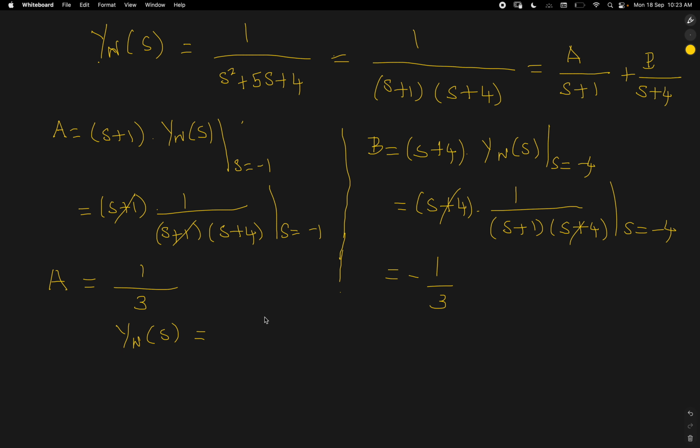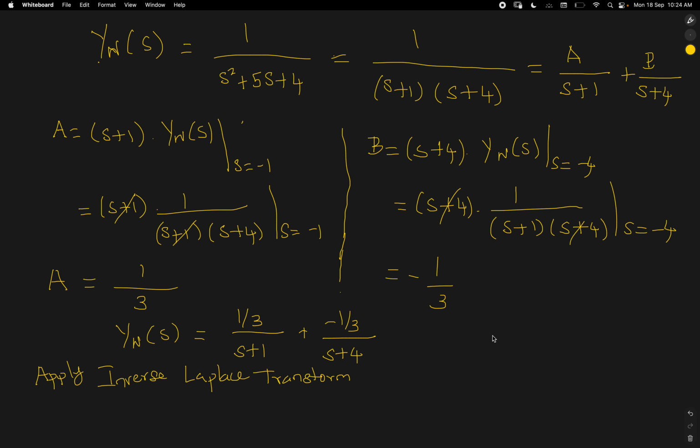Now Yn of s is equal to 1 by 3 divided by s plus 1, and the value of b is equal to minus 1 by 3 divided by s plus 4. Now apply the inverse Laplace transform to get Yn of t. Assume the system is a causal system, so we are not bothering about the ROC for applying the inverse Laplace transform.